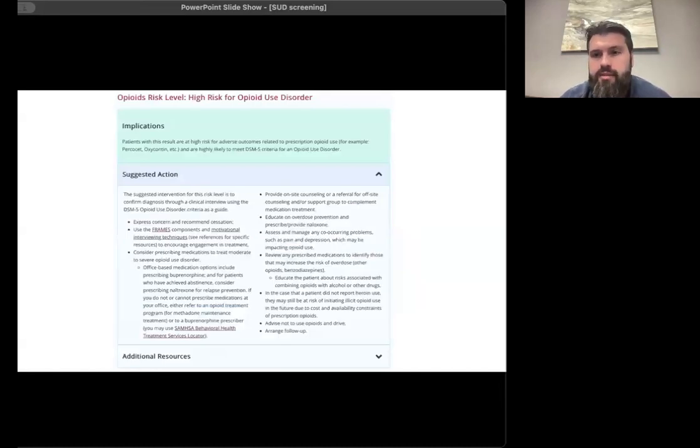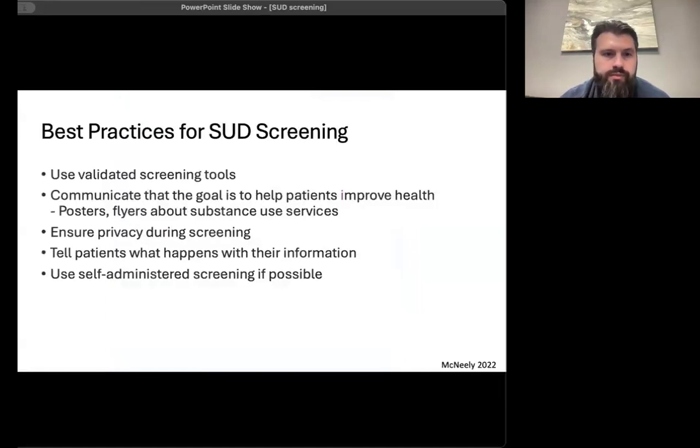For example, I clicked yes to the majority of opiate use questions on here, and it gives you an assessment. So this patient, if they answered yes to the majority of those things, would have high risk for opiate use disorder. And it gives you some suggested actions on what to do based on that. So I think it's a really helpful tool to implement into practice if this was something you were considering doing.